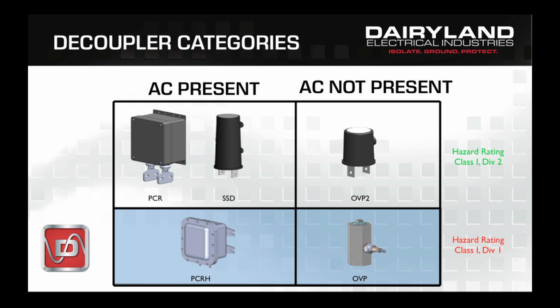We will talk more about this later, but if you look at the left-hand column, these products are rated for electrical environments where AC is present across the terminals of the decoupler. The right-hand column indicates products rated for environments where there is no AC across the terminals. More on this later, but this matrix fully defines the operating environments for all DAIRYLAND decouplers.